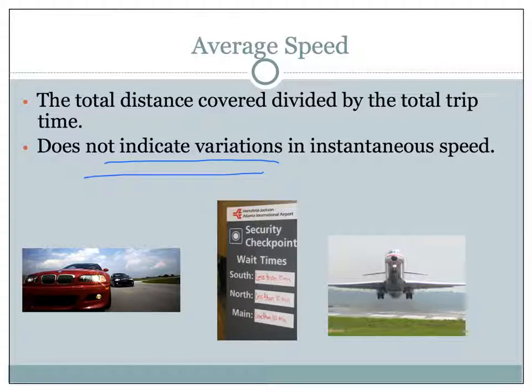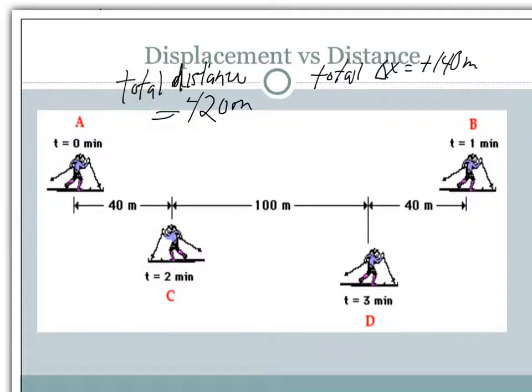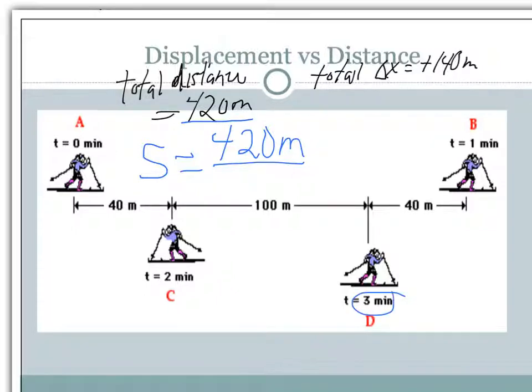So let's go back. Earlier we found the total speed for our skier, and solved for it by taking the total distance, which we already calculated was 420 the other day. And we would divide that by the total time, which is 3 minutes.